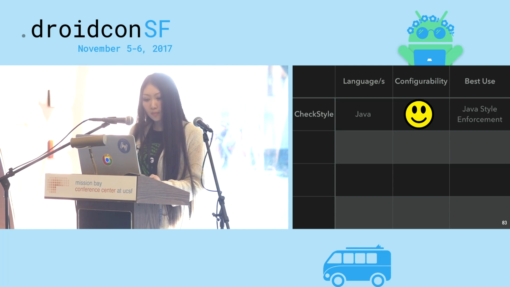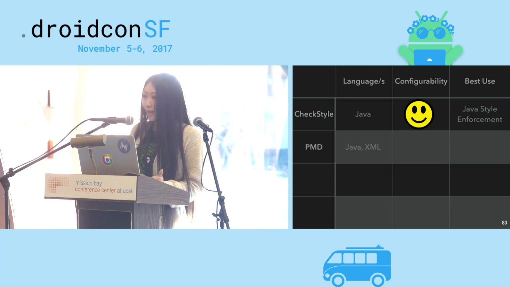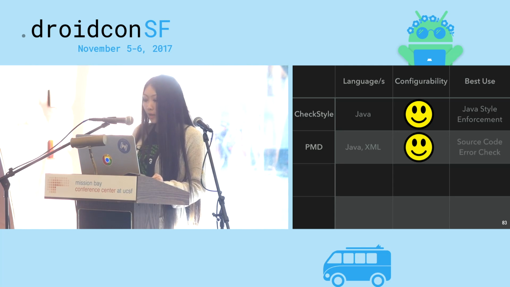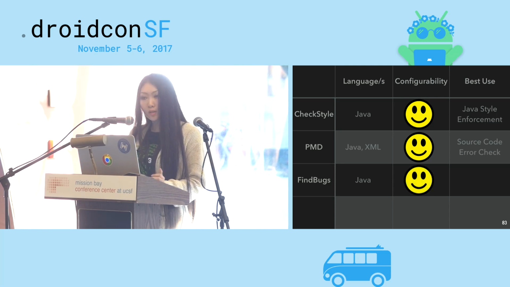And then PMD is for Java and XML, again in terms of Android development. It's also highly configurable, and it does source code error check. Last is Findbugs, and it's also working on Java only. Configurability is pretty good, and we use it for bytecode error check.